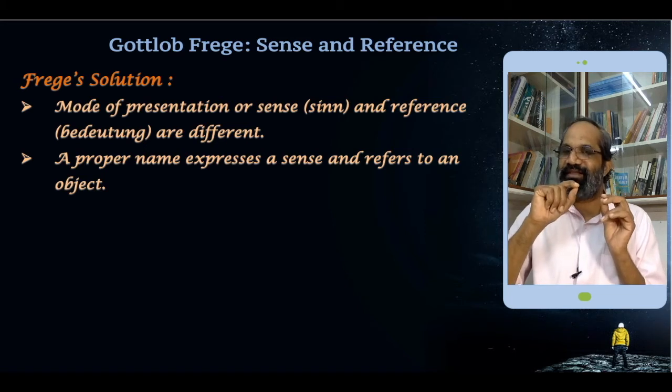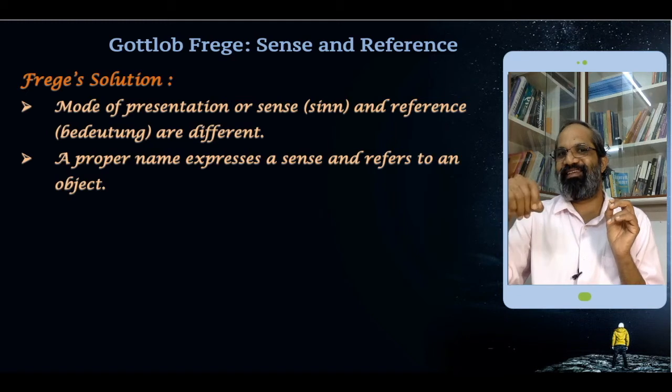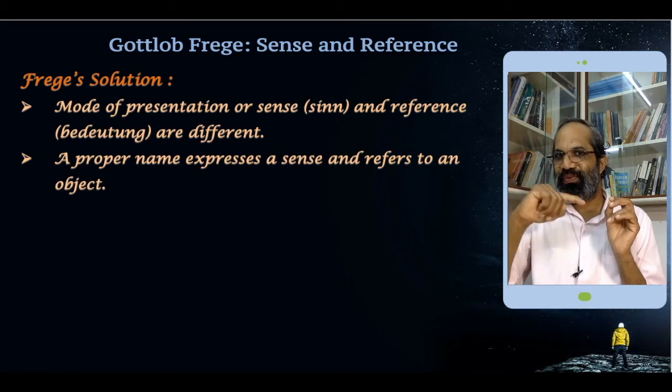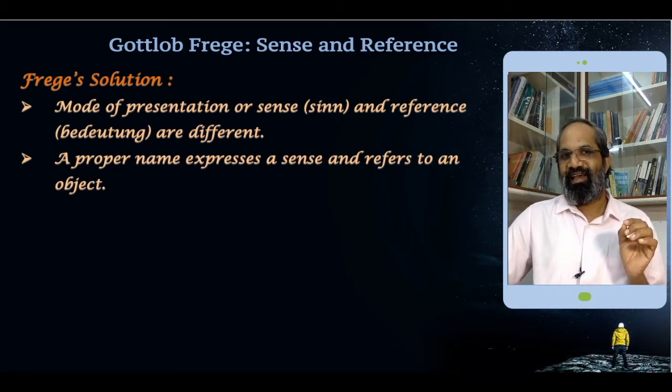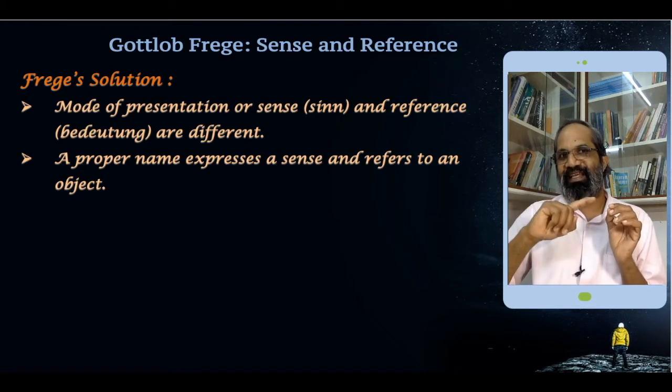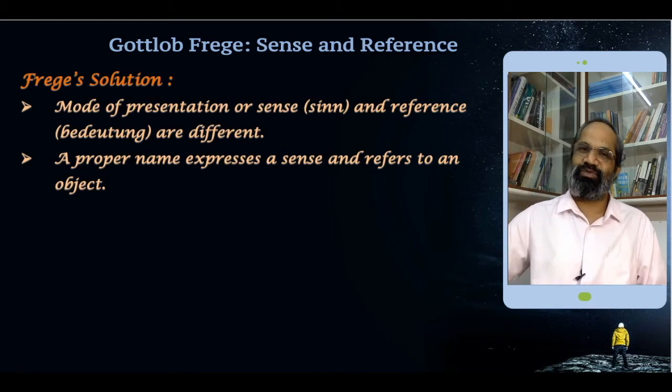So, as in the earlier theories of meaning, a sign is not a tag attached to an object. It's not just tagging, not just naming. It refers to that object through a sense, or through a mode of presentation. The sign expresses the sense, and through that sense we reach the object.